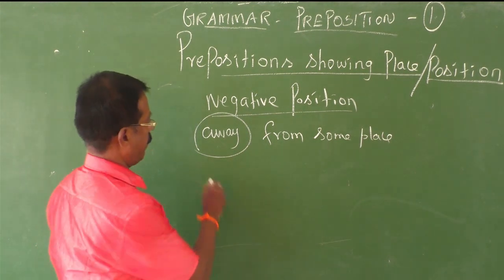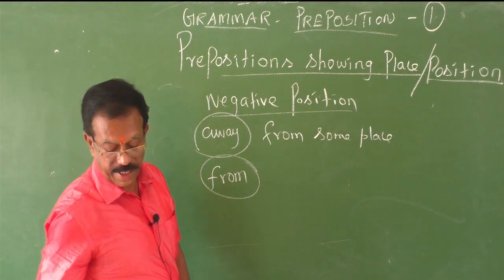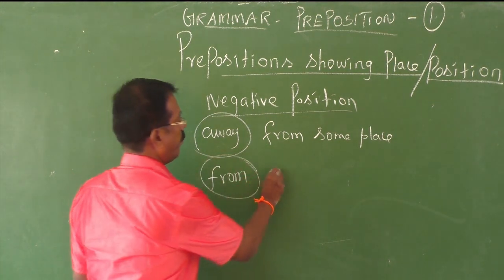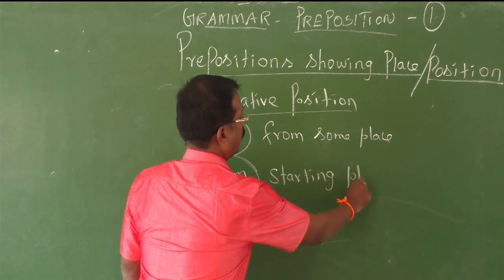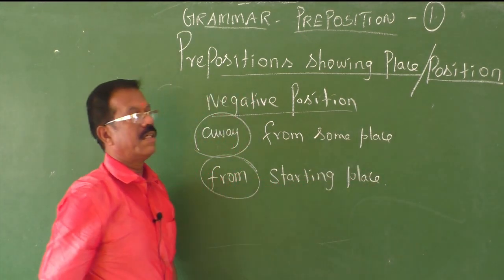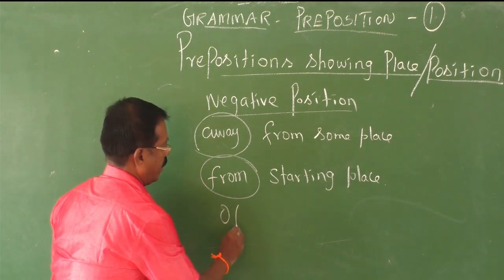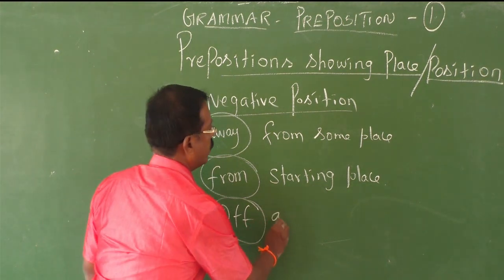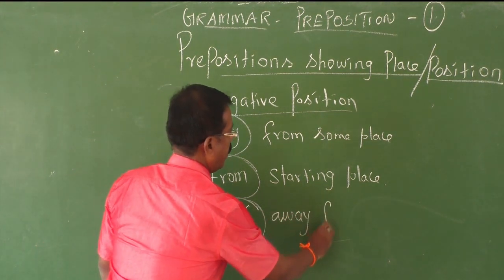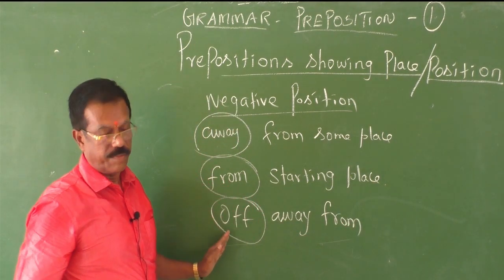Then from stands for starting place. He comes from. Starting place. Off, O-F-F, also stands for away from. So the preposition off stands for away from.